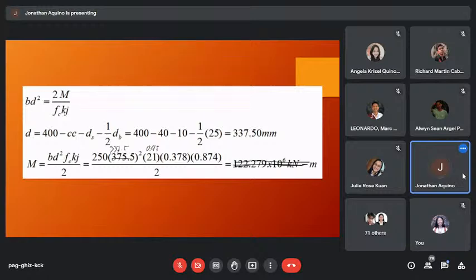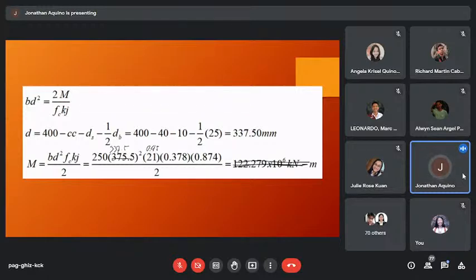So 0.5 times 250 times d 337.5 squared times Fc 0.45 times 21 times k 0.378 times j of 0.874.